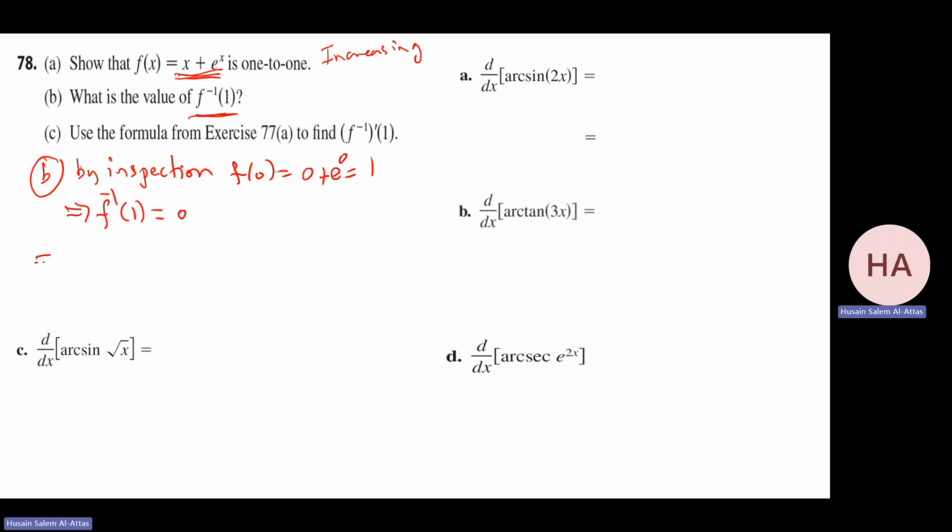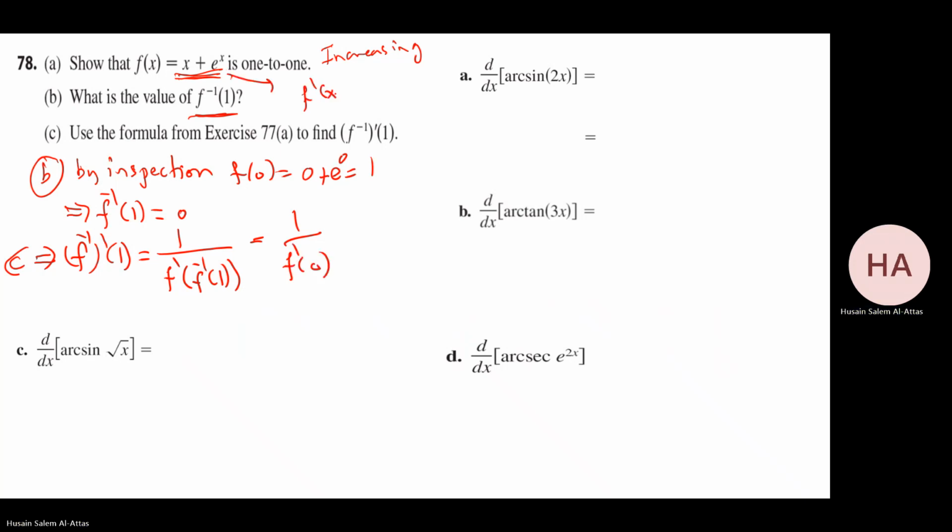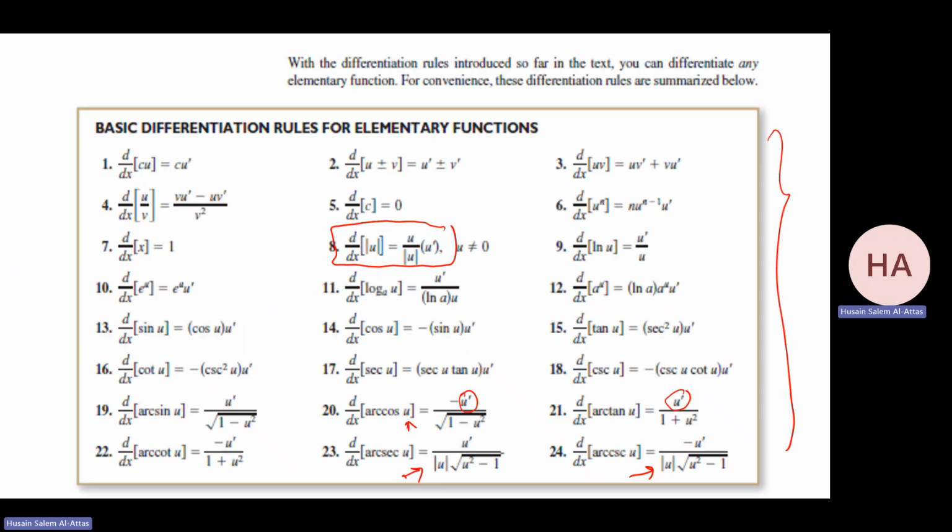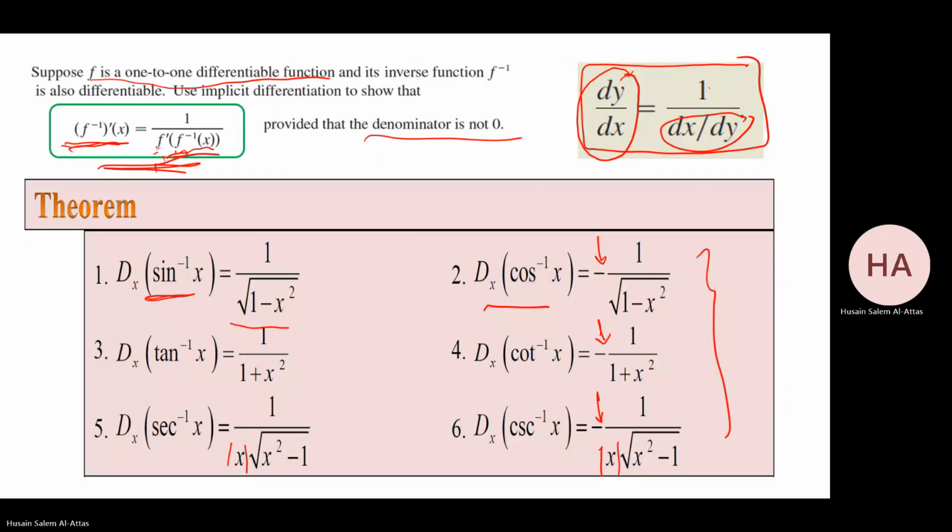Part C, f inverse prime at 1 will be 1 over f prime at f inverse of 1. That will be 1 over f prime at 0. What is f prime of x? It is 1 plus ax. So that will be 1 over 1 plus 1, which is half. So this is the application of this formula.